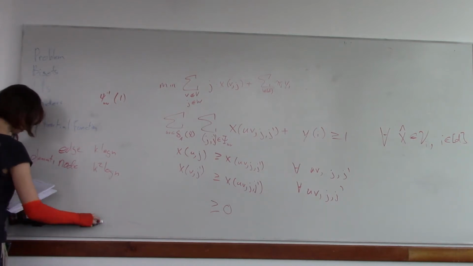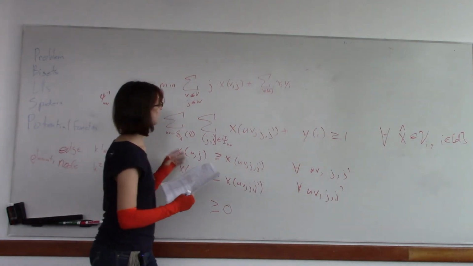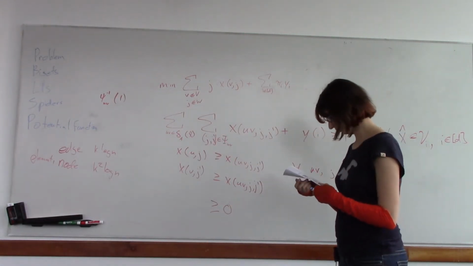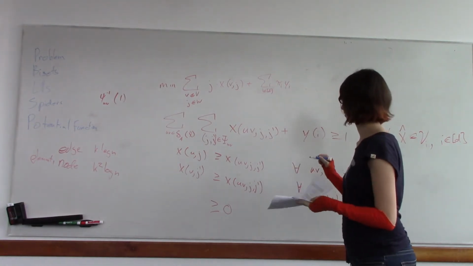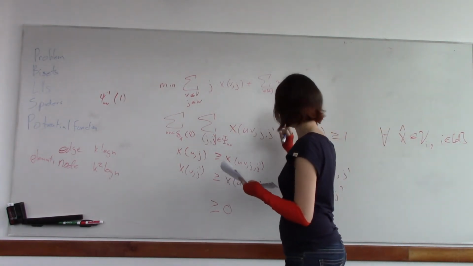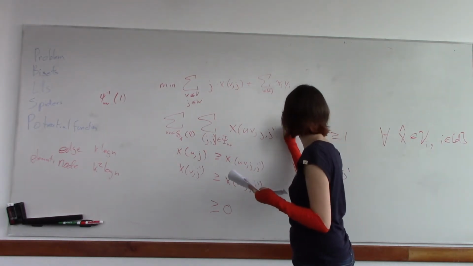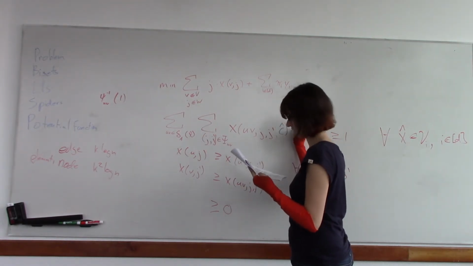I'm going to keep this. This looks nice. So now I'm going to change this. I'm going to put a C hat in here. Yes, this is a C hat.